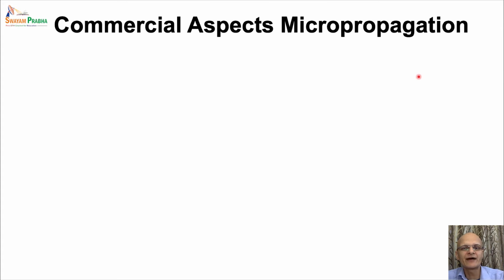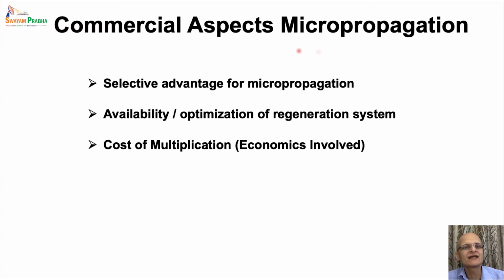Three important parameters that need to be analyzed before starting micropropagation based plant multiplication are: one is the selective advantage of micropropagation. Second is the availability or optimization of the regeneration system.